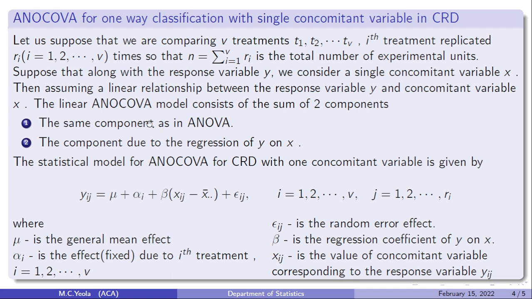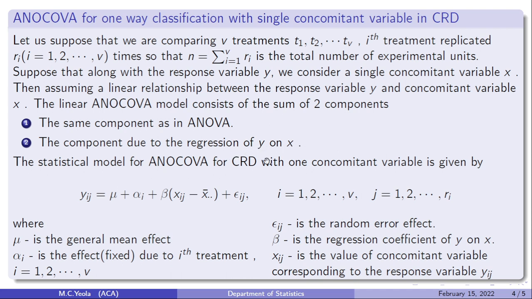The linear ANCOVA model consists of the sum of two components. The first component is the same component as in ANOVA, and the second component is due to the regression of y on x.